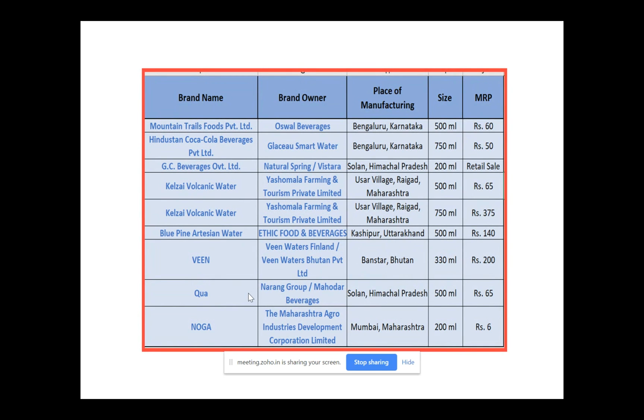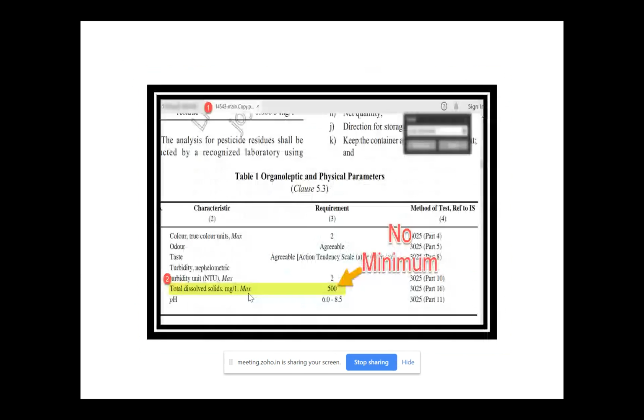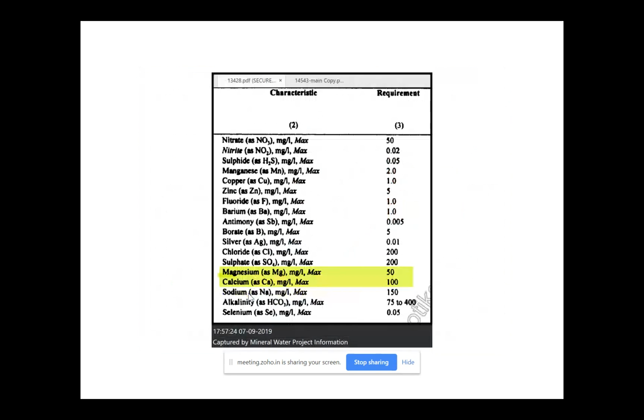If you really want to do that, what we need to do is present this water to the BIS, and BIS examines the water. If they find these are the contents, for example, if your water has all these contents, and this is given in the right hand side column, mentioning the maximum allowed percentage.